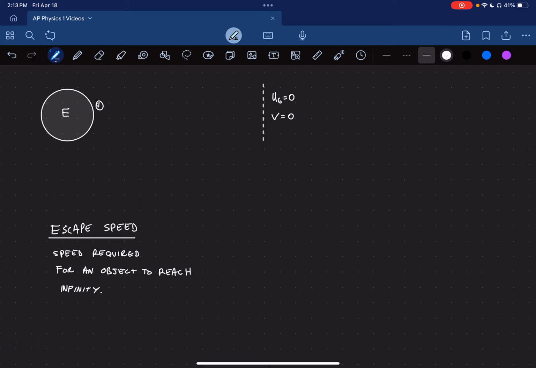Here's position 1 and here's position 2. Let's say E1 equals E2. This will be UG1 plus K1 equals UG2 plus K2, and we just said that both of these are 0.